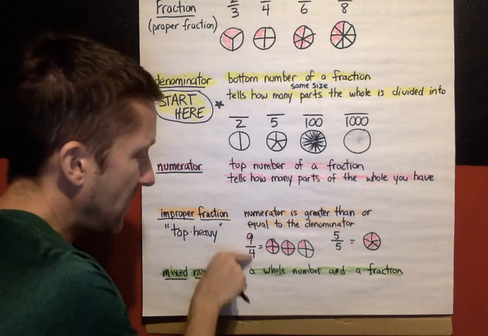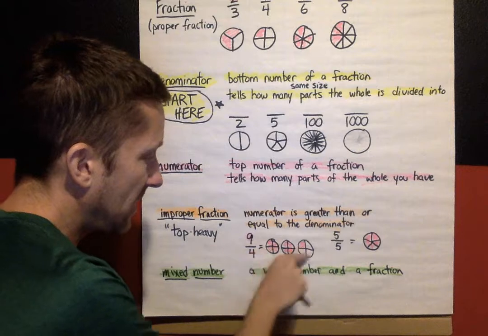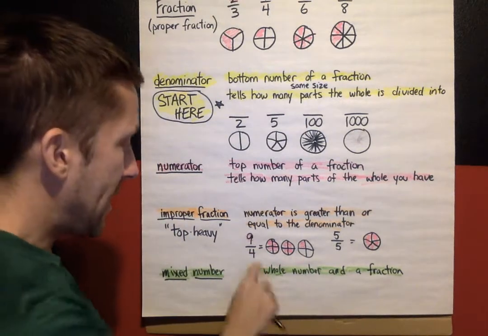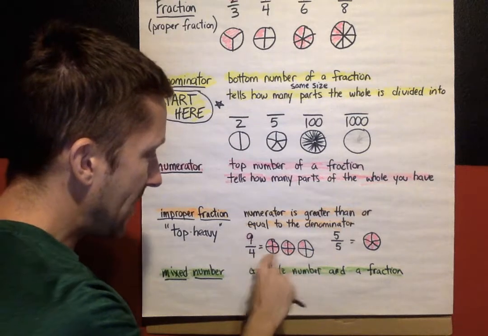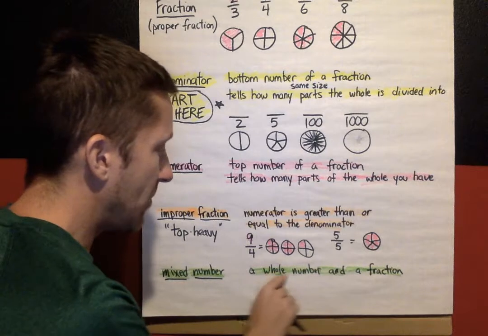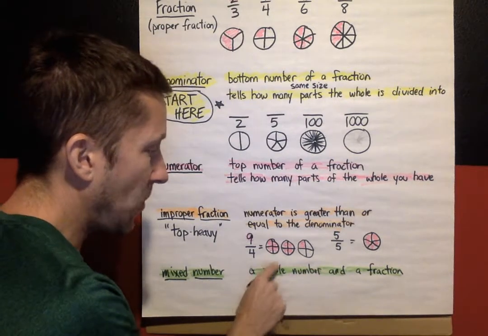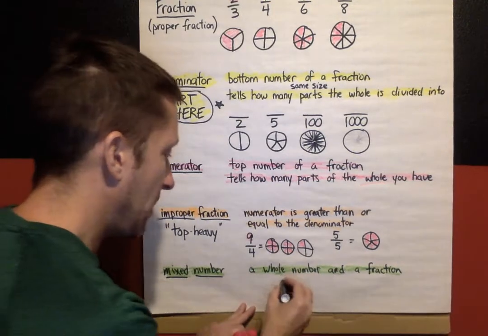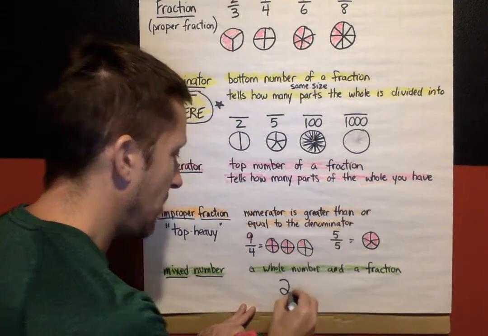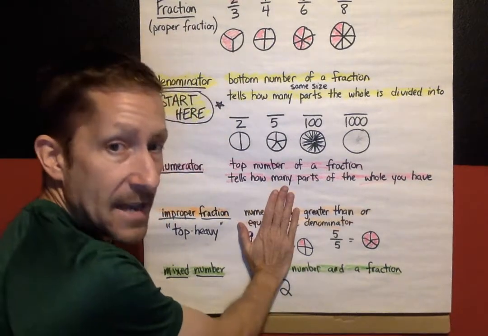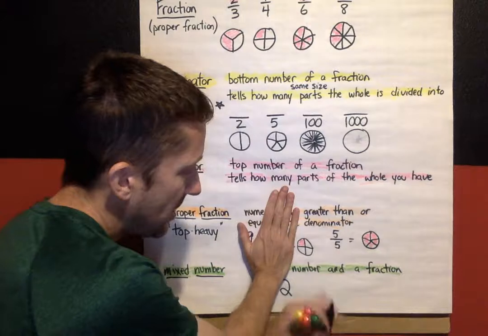I'm going to look back up here to 9/4 and see that this is my model. From this model, I could also rewrite it as a mixed number. How many whole pizzas do I have? In this model, I've got 2 whole pizzas. Whole number 2. How much of a pizza is just that? I'm covering up the 2.